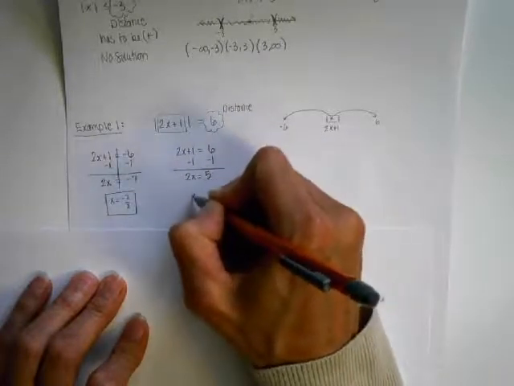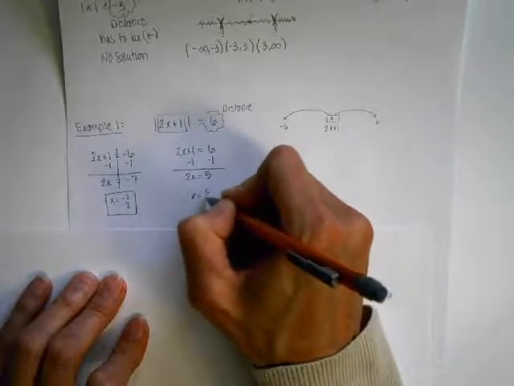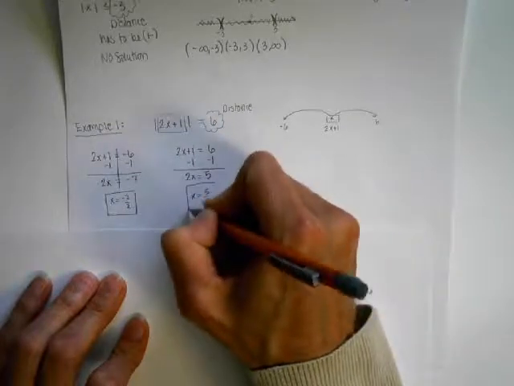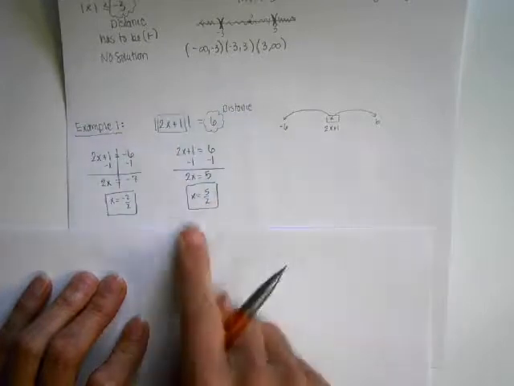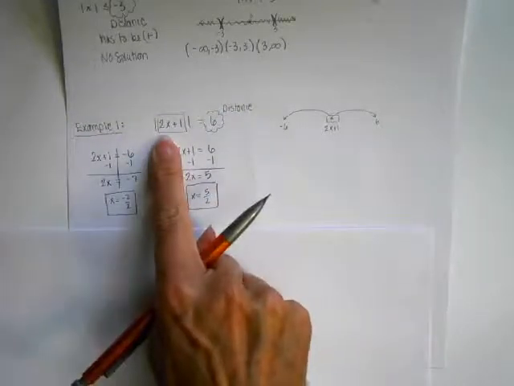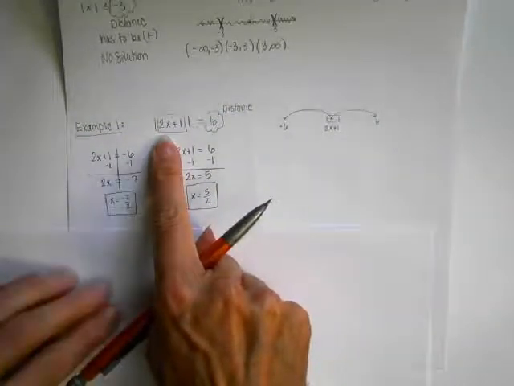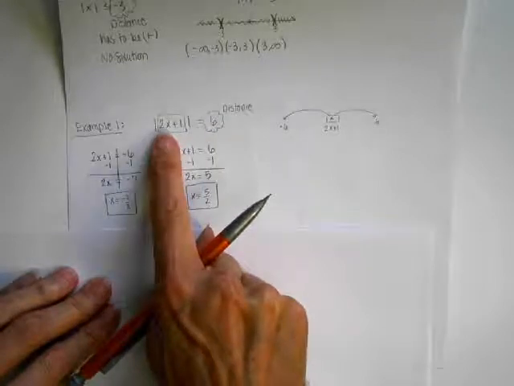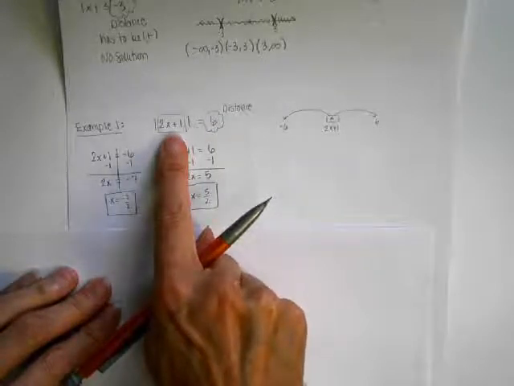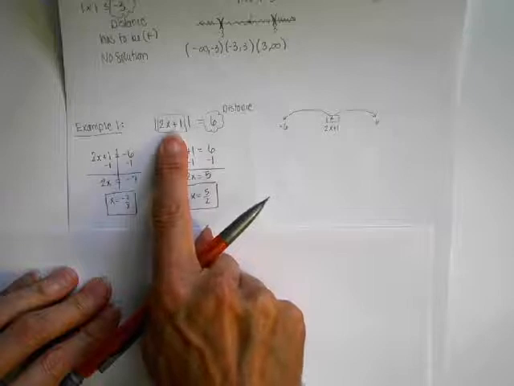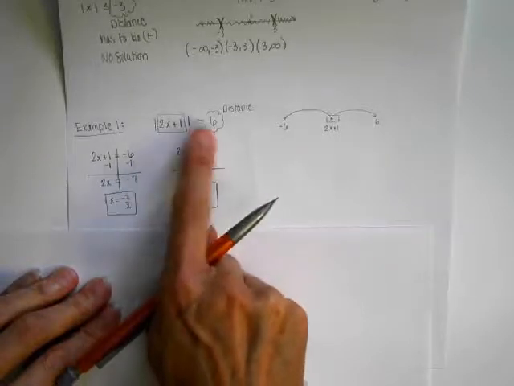Dividing by 2, x is equal to 5 halves. And those are the two numbers that when I plug them into here, I will end up with a distance of 6. Meaning, if 2x plus 1 was equal to negative 6, that would be a distance of 6 away. And if 2x plus 1 was equal to positive 6, it would be a distance of 6 away.